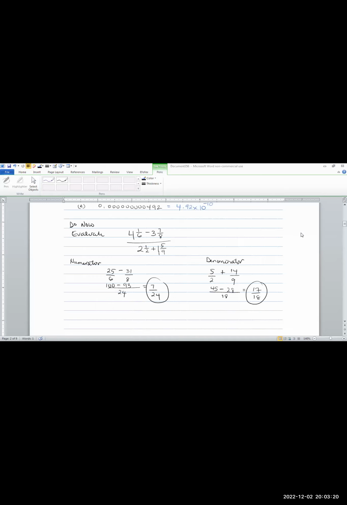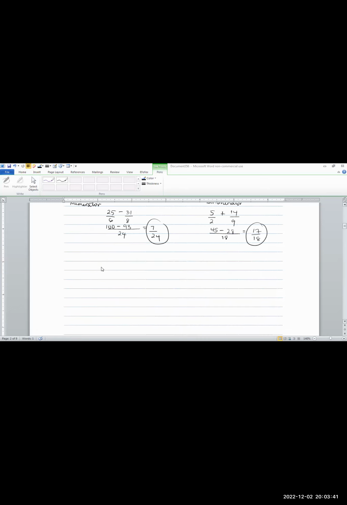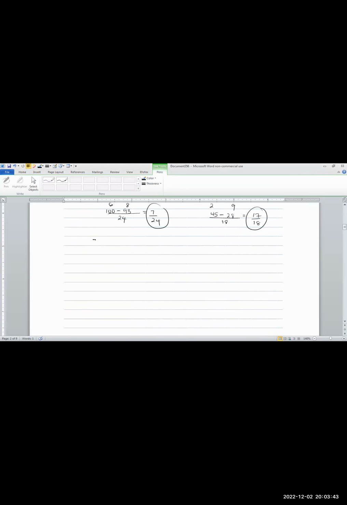Now that I have a numerator and a denominator, I'm going to be inverting and multiplying. The numerator up top is 7 over 24, divided by 17 over 18. So that is 7 over 24 multiplied by 18 over 17.